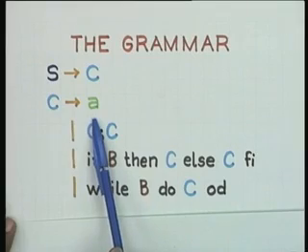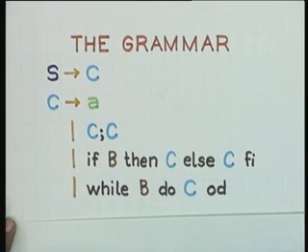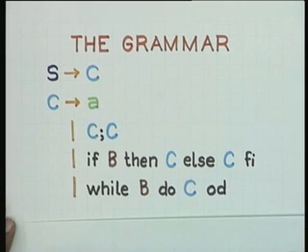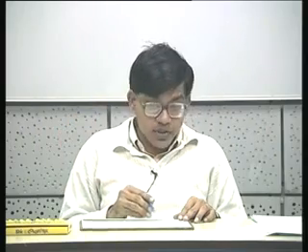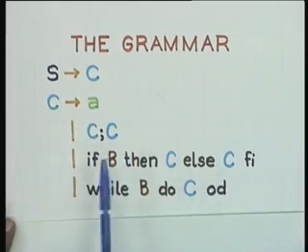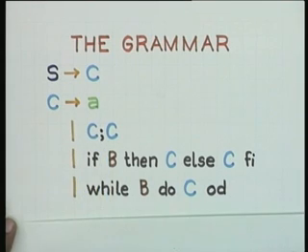I have so far not specified what this atomic command A is, but at this point it says that any simple command is a command, and the sequencing of two simple or compound commands is a command. This semicolon is a reserved word of the language, so it is in black.